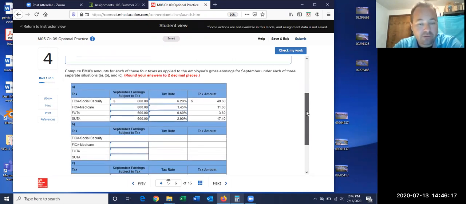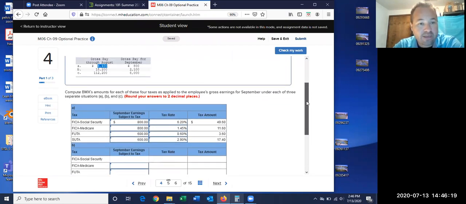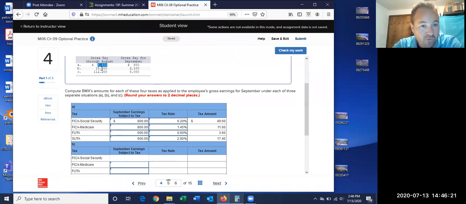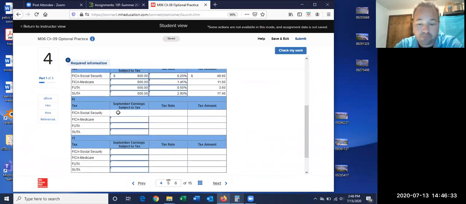Now, when we come down here, for our next individual, they have already gone way over the FUTA and SUTA cap, but they're nowhere near the Social Security cap. They made 2,100, so I can put in the full 2,100 at 6.2%.